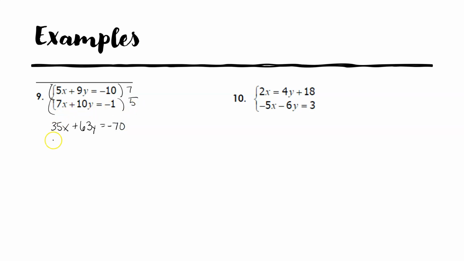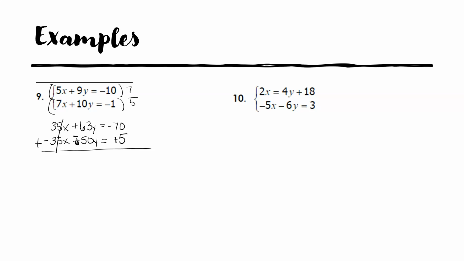So 5 times 7x is 35x. 5 times 10y is 50y. 5 times -1 is -5. Make sure everything's lined up. These have the same sign, so I have to subtract. Change all the signs here. So I can eliminate my x value.